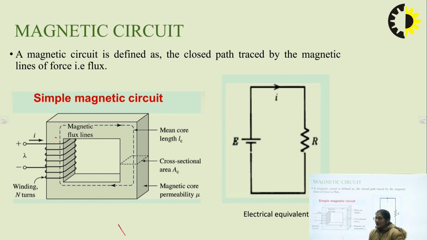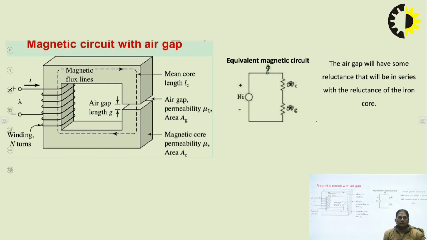How can I represent the same magnetic circuit with its electrical equivalent? I have an MMF, that means a source. I may represent it with an EMF, a DC voltage source. The reluctance of this magnetic path can be represented by a resistance, and the flux can be represented by current. So it's a simple series circuit having a voltage source, a resistance, and a current being shown.